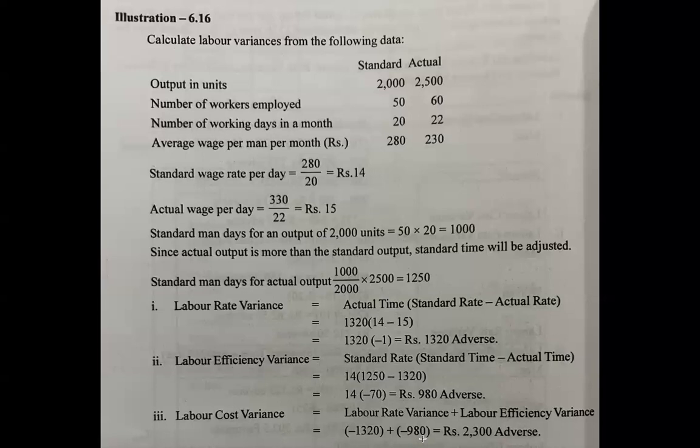Minus plus minus is a plus in magnitude, so rupees 2300 is the adverse variance. Labor cost variance is equal to labor rate variance plus labor efficiency variance.